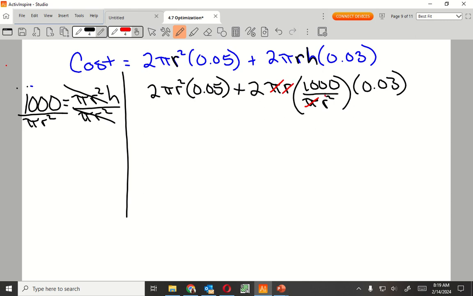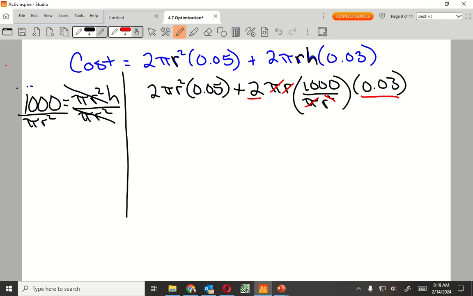The one down here stays, so I'm still going to have an r on the bottom. Let's do some multiplication. If I multiply this number and this number, I get 0.6, right? Now 0.6 times that 1,000.